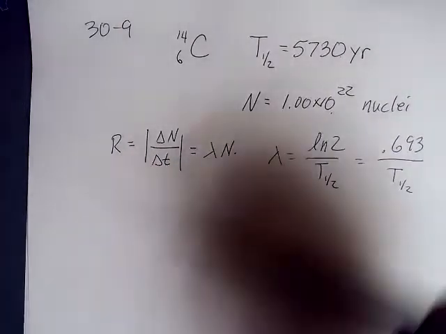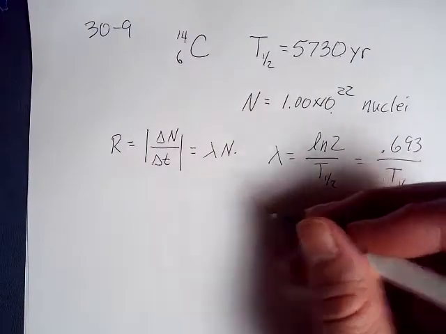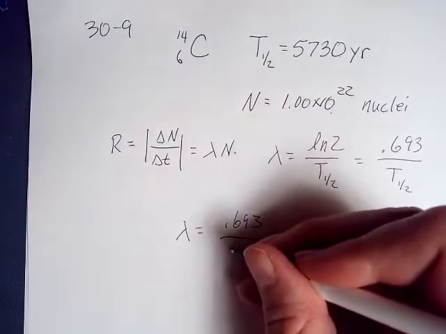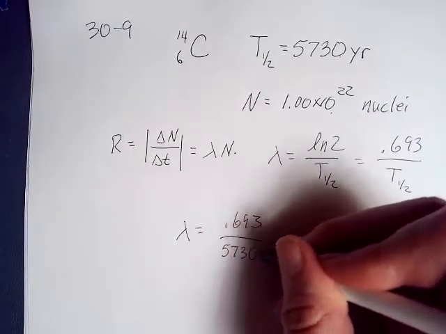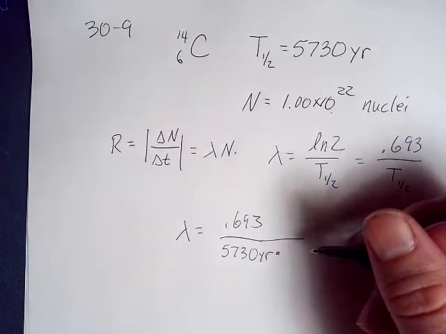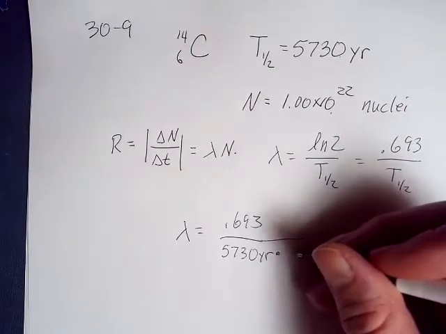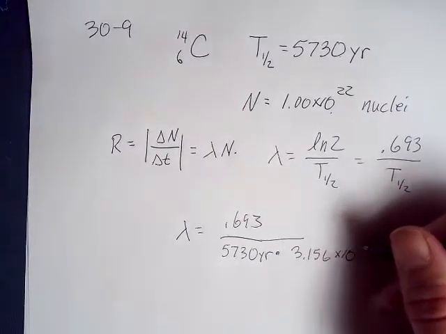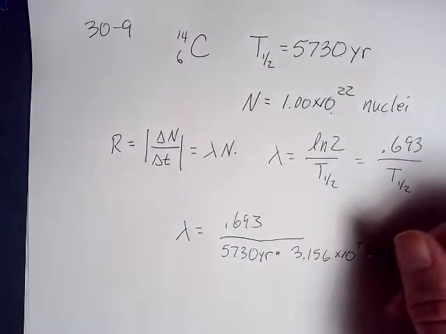Okay, now once we have this, it's fairly straightforward. So basically I'll plug in, I need to calculate lambda first. Of course, I need to convert this to seconds. And I'm just going to use the example here as seconds per year there.